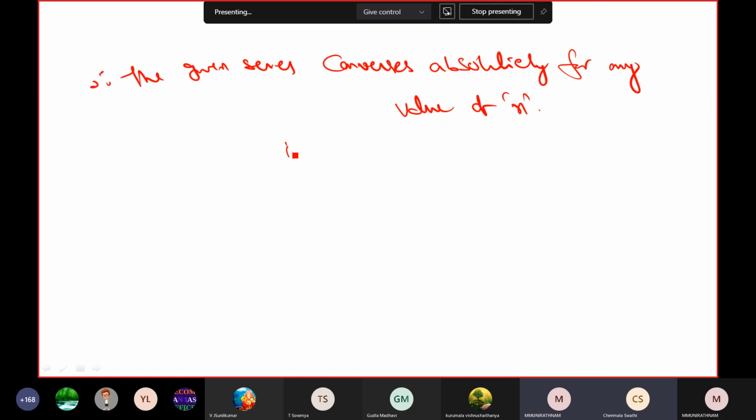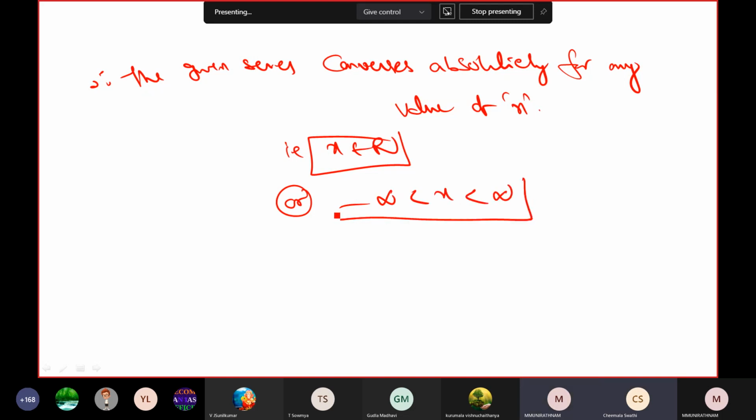That is, x belongs to R, minus infinity less than x less than infinity. Okay? Any doubts?